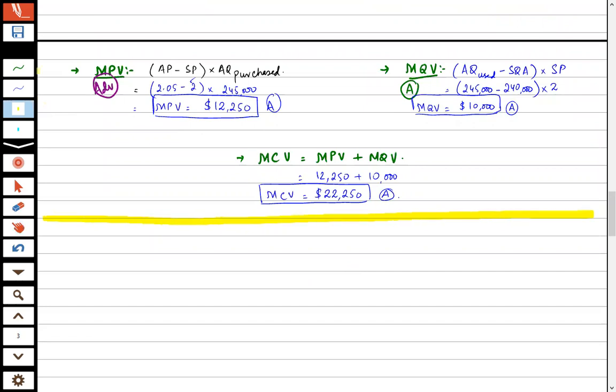Now we will look at the labor variances and the labor rate variance. Labor rate variance, obviously the difference of rates, that is actual rate, how much he has been paid, and the standard rate what we established, into actual hours worked.